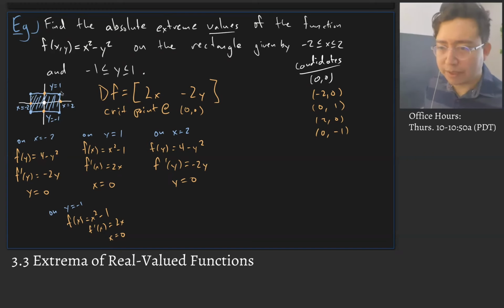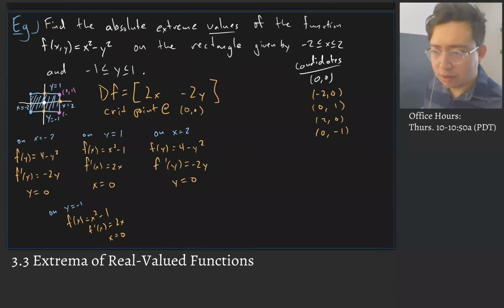Now the corner points we could label. So this is on x equals 2 and on y equals 1. So we get 2, comma 1. This here is 2, comma -1. This is -2, -1. And this is -2, +1.